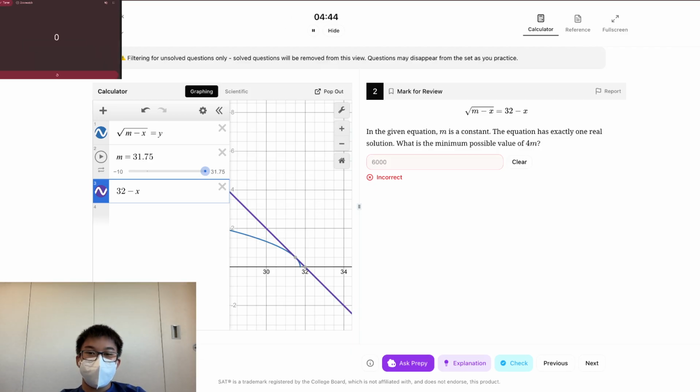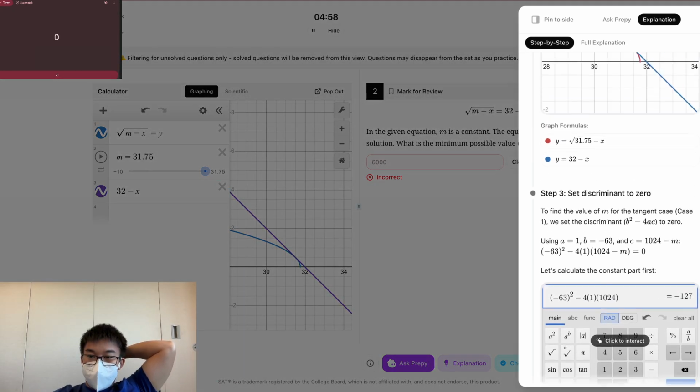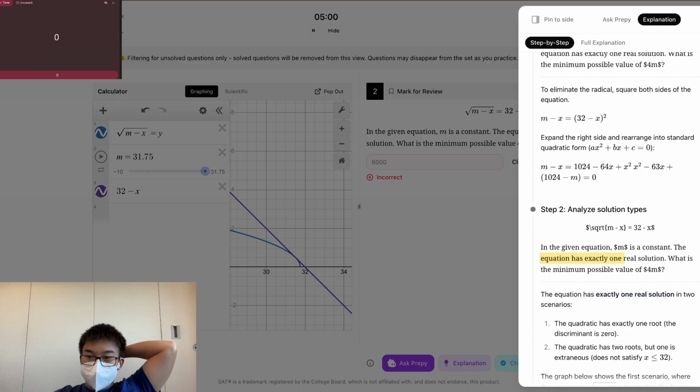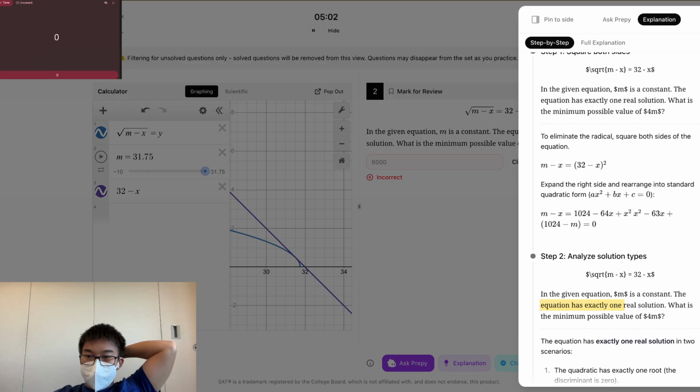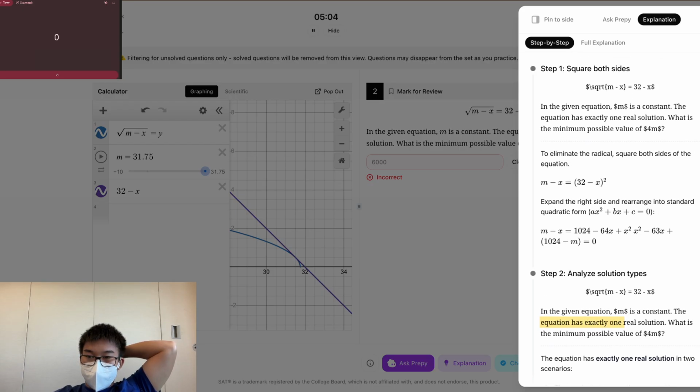Okay, so how this is solved apparently is that you plug in both solutions first, and then you try to see how you get m. For the explanation part here, it says how they simplified the square root of m.